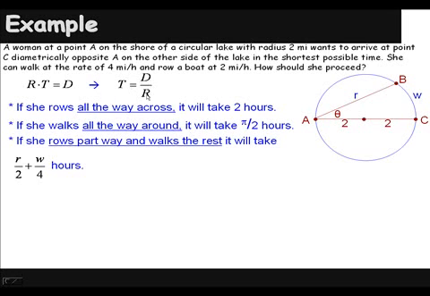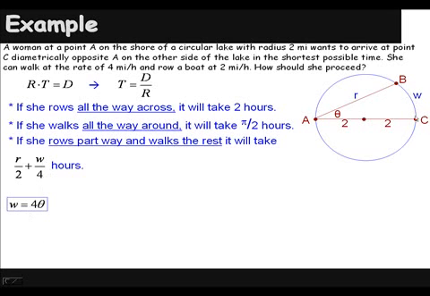Time is equal to distance divided by rate. The time that she rows would equal the distance she rows, R, divided by the rate she rows, 2 miles per hour. Plus the time that she walks would equal the distance she walks, W, divided by the rate she walks, 4 miles per hour.